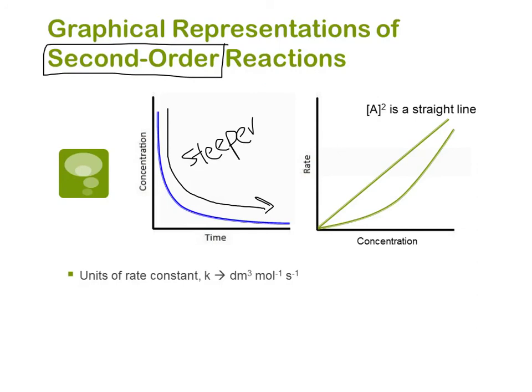If we were to graph rate versus concentration, we'd actually get this curved line here. But if we were to take rate versus concentration squared, we'd get a straight line. The units for a rate constant for a second order overall reaction is going to be decimeters cubed per mole per second.